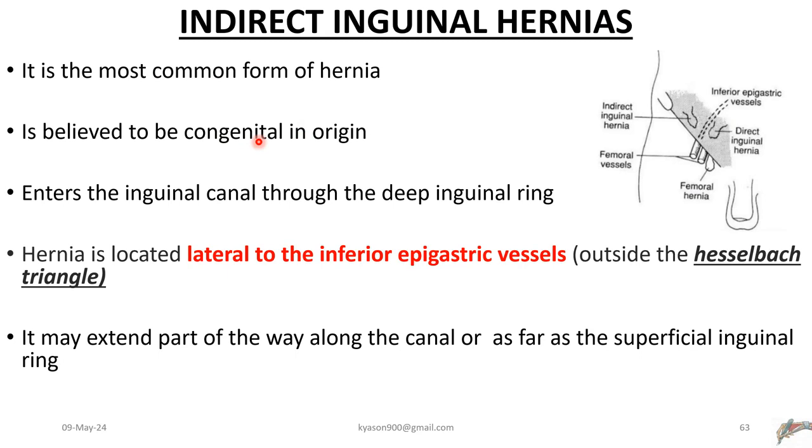It's going to occur mostly because of failure of obliteration of the proximal part of the processus vaginalis. If that proximal part remains, these structures are going to easily go through that patent proximal portion and enter into the deep inguinal ring, and then come out through the superficial inguinal ring.